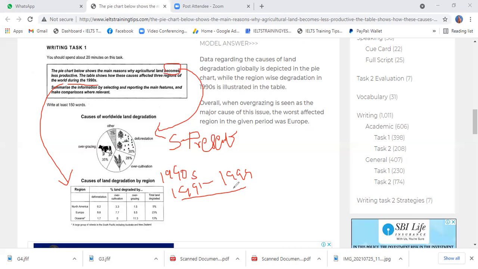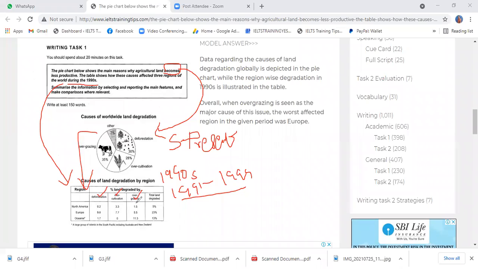So as far as this particular thing is in two tenses, it is better for us not to relate this thing to this thing. You can relate, definitely you can relate the pie chart to the table, because the things are there: deforestation is there, overcultivation is there, overgrazing is there, and others are not there in this.